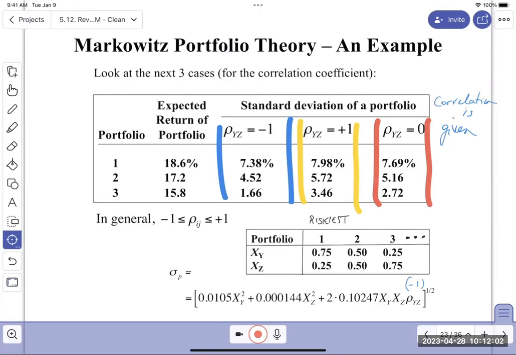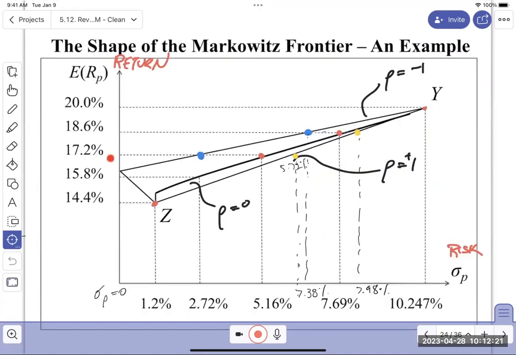And then take the square root. Oh, sorry. The weight. So then the second portfolio has weights 50-50. So we have the new set of weights. That's what 17.2%. I didn't mention that, but this is the second set of portfolio with 50% Y.